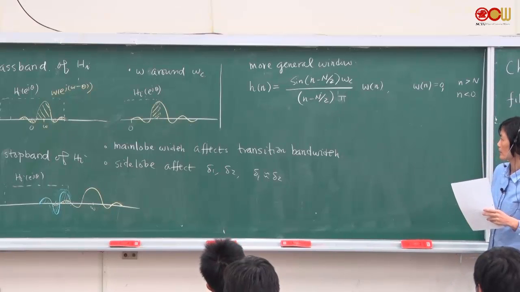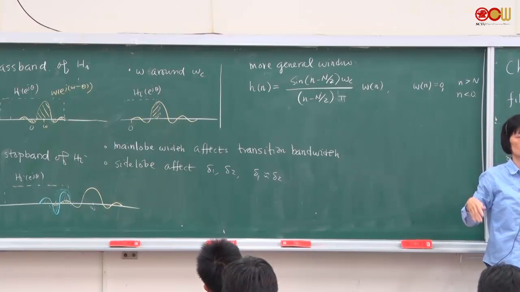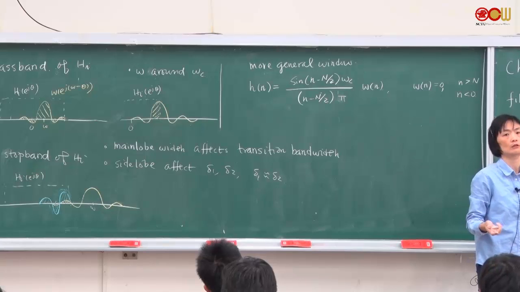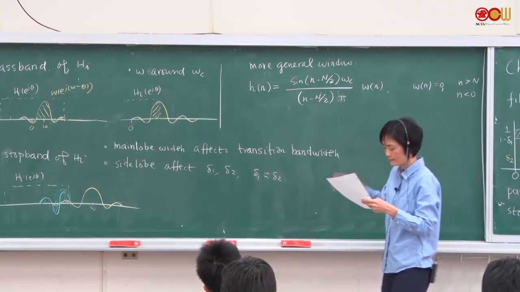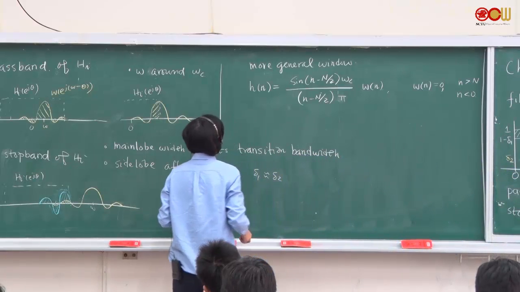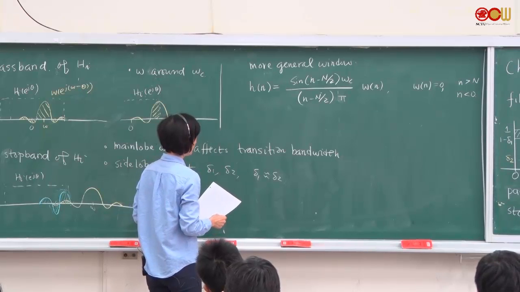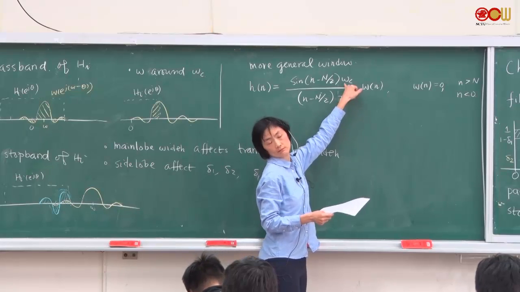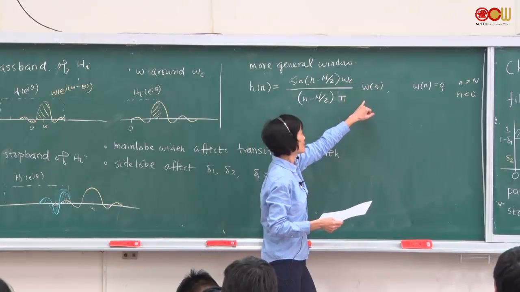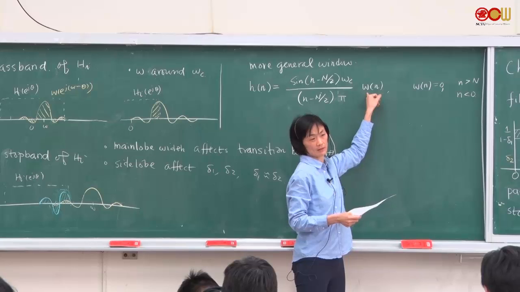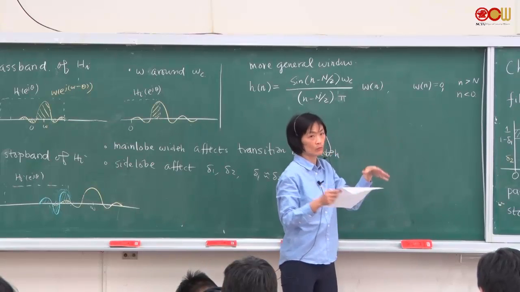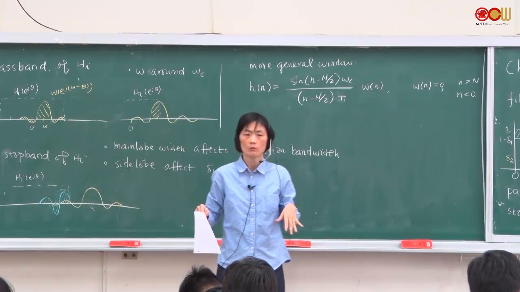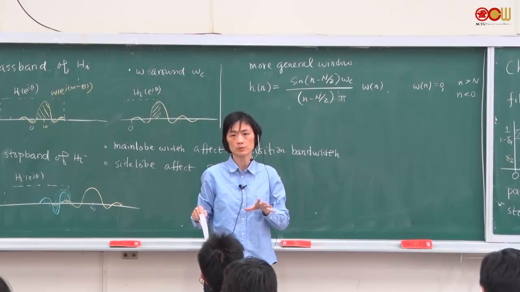Then we will automatically get a causal FIR filter of order N. So one thing we can design is this omega c, and then we can also design this w[n].